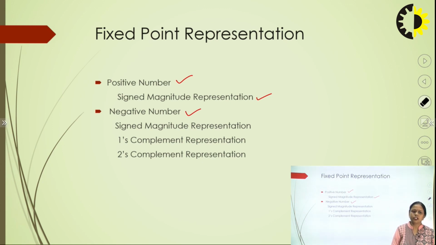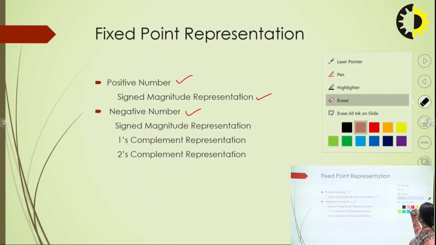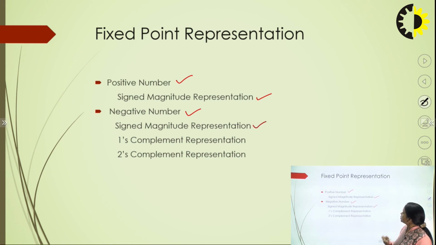Now, for the negative number, we have three representations. The first one is sign magnitude, the second one is 1's complement representation, and the third one is 2's complement representation.